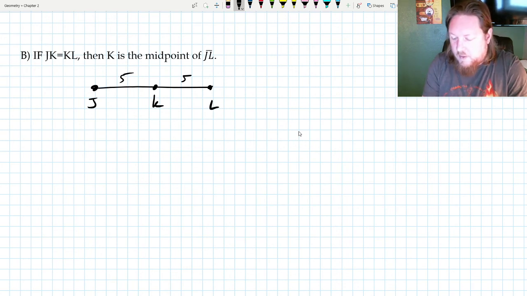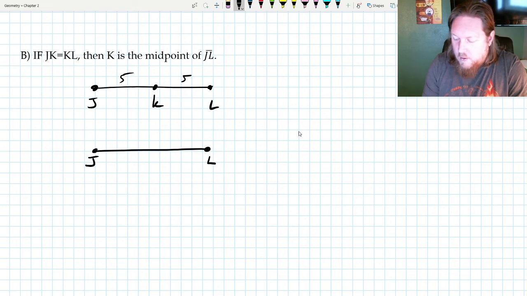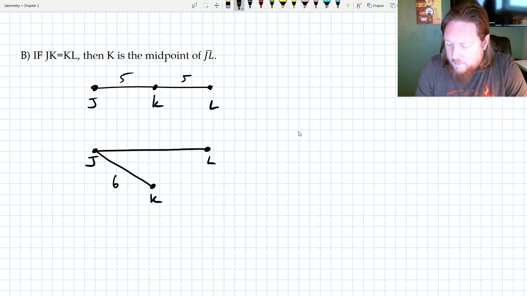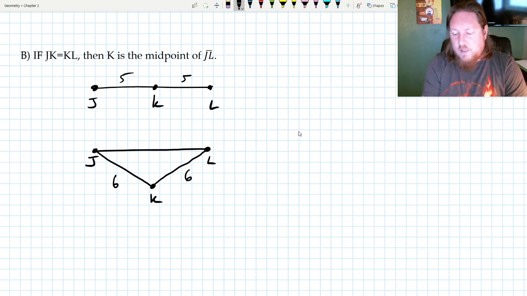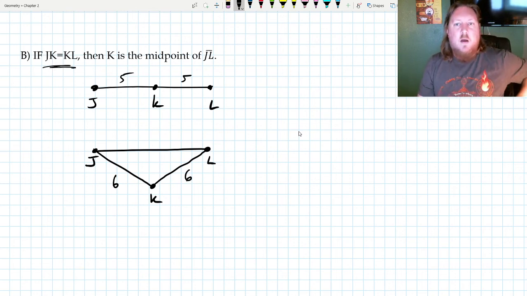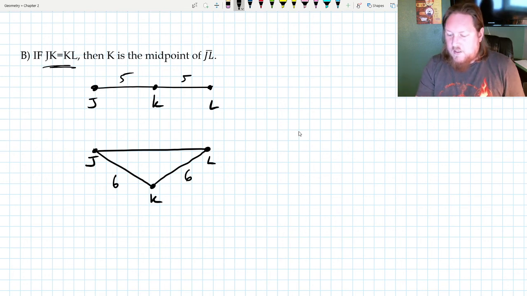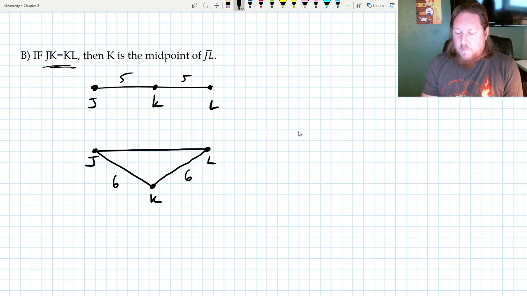If I draw something that shows that j and l are not collinear with k, maybe that works. Let's say jk here is 6 long now. That means this also has to be 6. So I still meet the first part of the conjecture. jk and kl are equal to each other. But because I pulled k off the line and was still able to make that first part true, k is not the midpoint anymore.